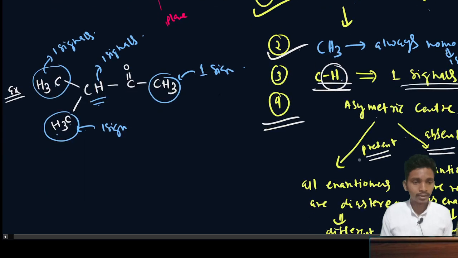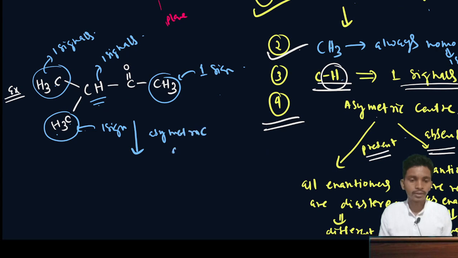Now after that I will look for the asymmetric center. Here I am going to check whether any asymmetric center is present or not. Here an asymmetric center can never be, and here also. For an asymmetric or chiral center, we know it should be sp3 hybridized, meaning all bonds should be single. This is sp2 hybridization, so we can't check here.